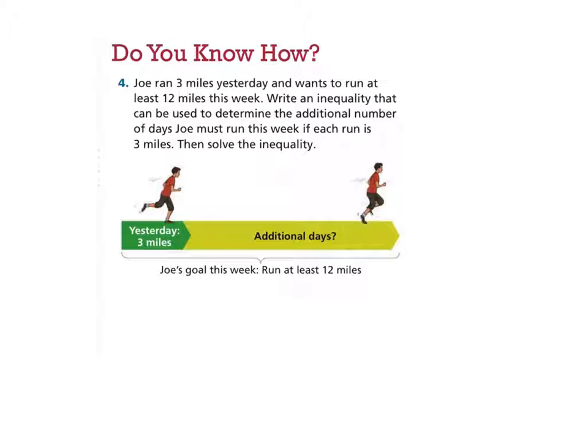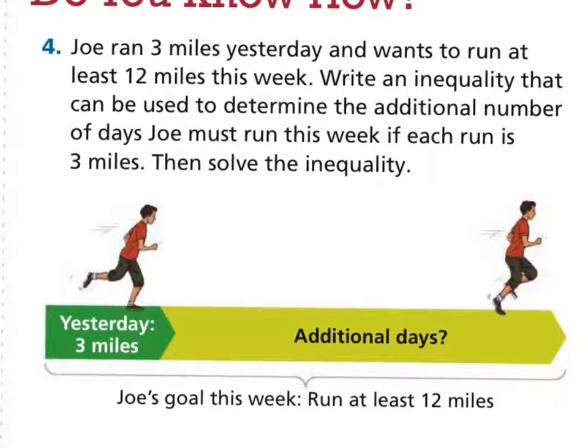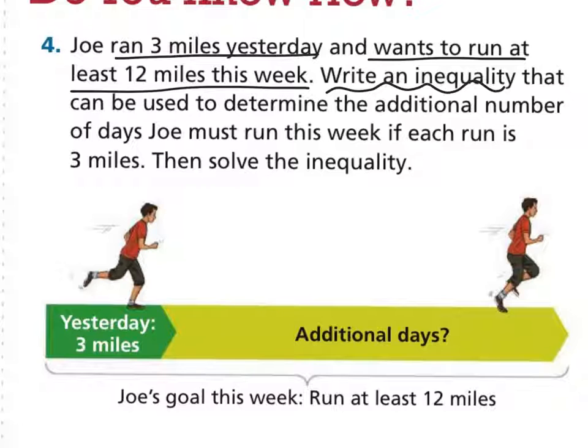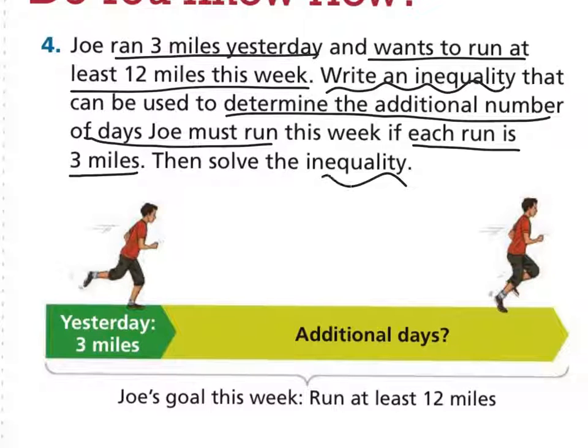We look at the do you know how number 4. Joe ran 4 miles yesterday, wants to run at least 12 miles this week. Write an inequality that can be used to determine the additional number of days Joe must run this week if each run is 3 miles. Then solve the inequality.